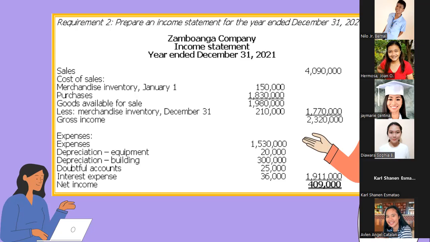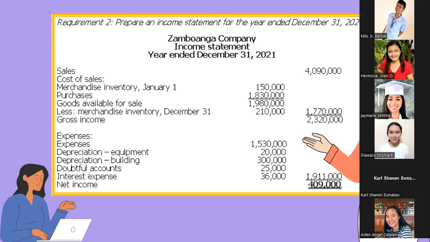What normally decreases the value of a fixed asset? What account?